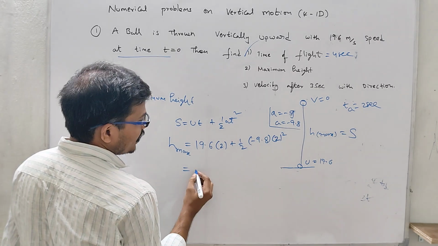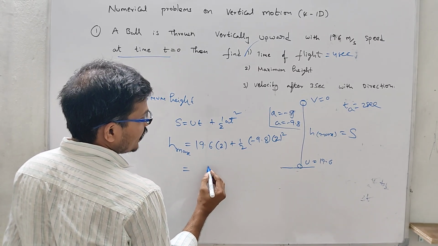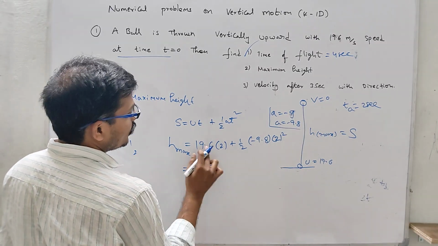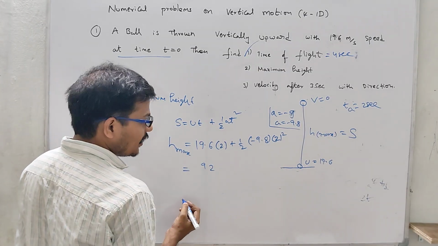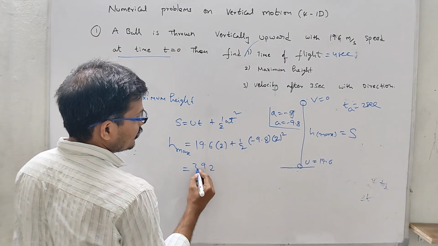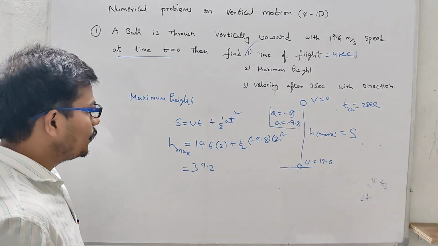For getting maximum height, 19.6 into 2 is 39.2.